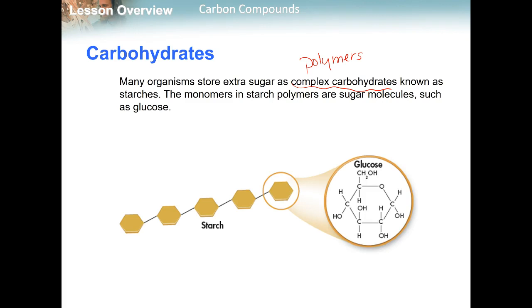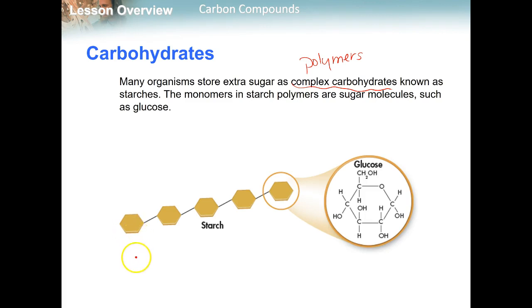So we had seen glucose, and we left off of that last screencast. Now we're going to look at a complex carbohydrate known as starch. Complex carbohydrates like starch are polymers. They are made up of monomers, and typically those monomers are glucose.